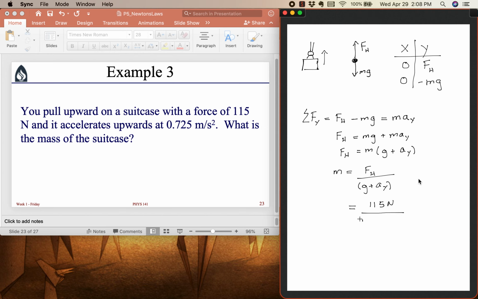G, of course, is our familiar 9.8 meters per second squared, plus the acceleration in the y direction we're told is 0.725 meters per second squared. And if I put that into my calculator, I get a number that's about 10.9 kilograms. So this would be the mass of the suitcase.